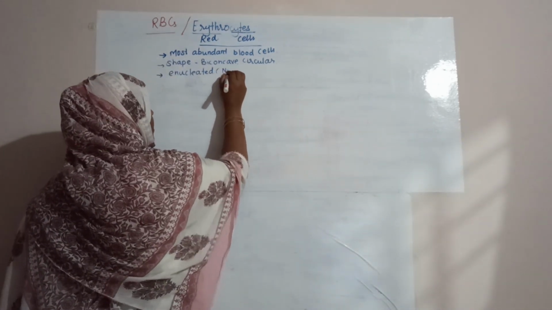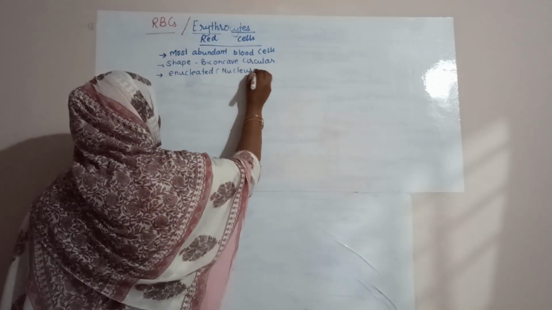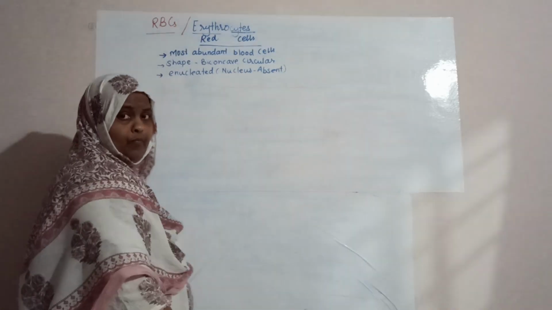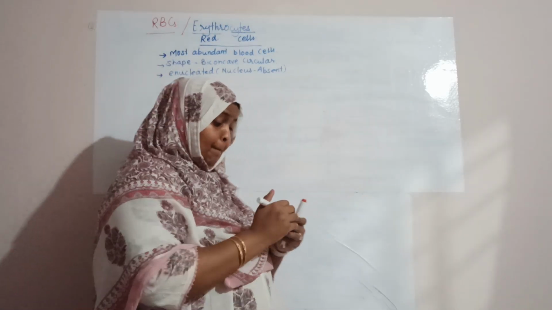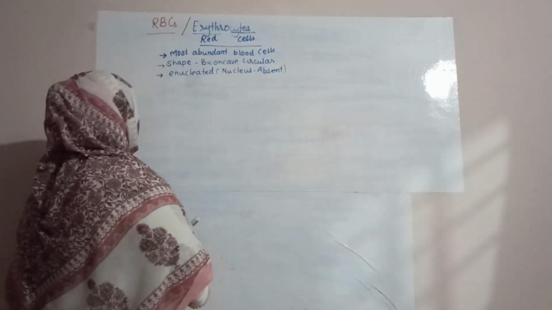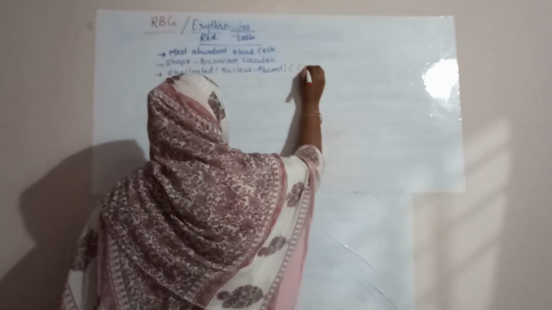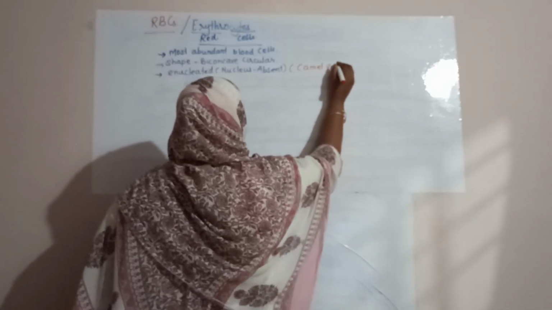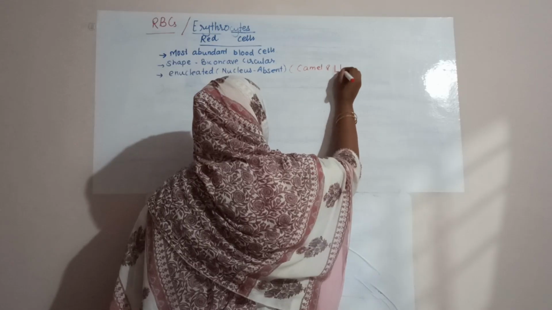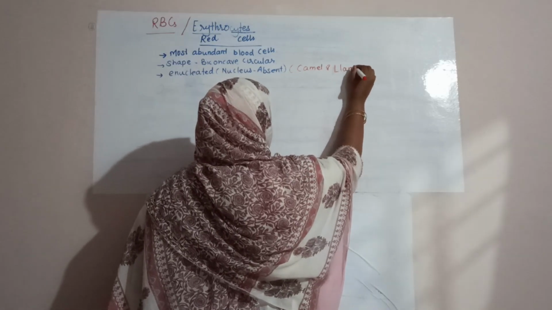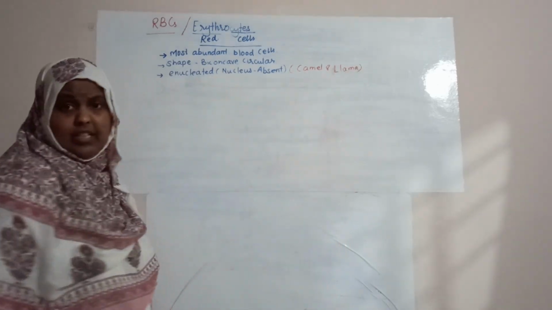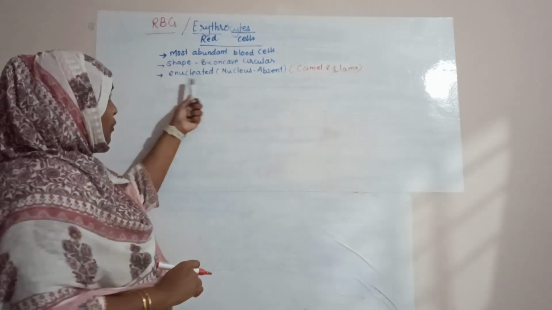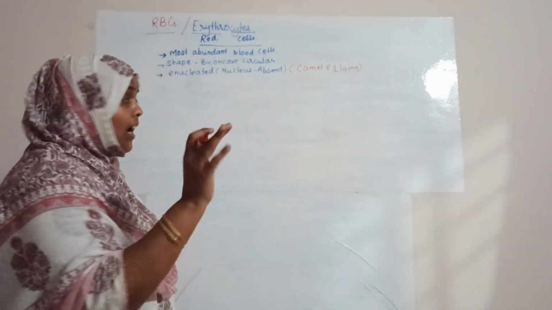But in mammals, in the case of the camel and lemur, in these two mammals the nucleus is present. Otherwise, enucleated means the nucleus is absent.